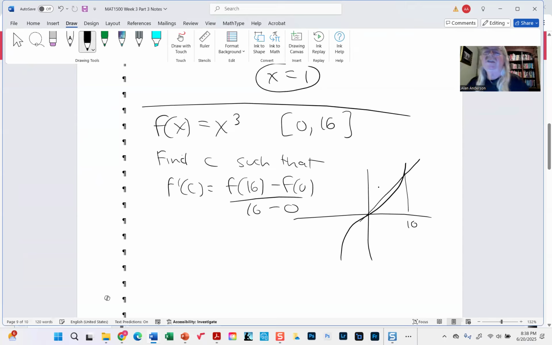What they're saying is that there's some value c. This is the slope of the secant line between 0 and 16. There's got to be some point in here where the tangent line has the same slope.